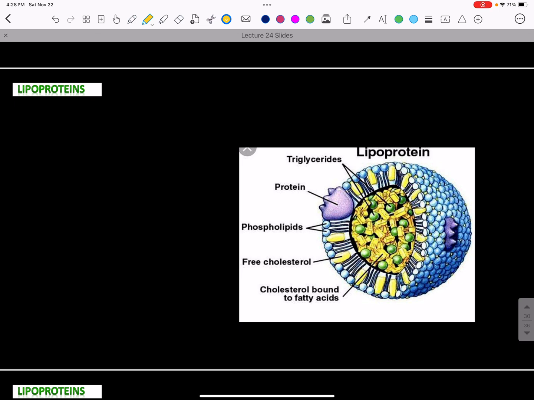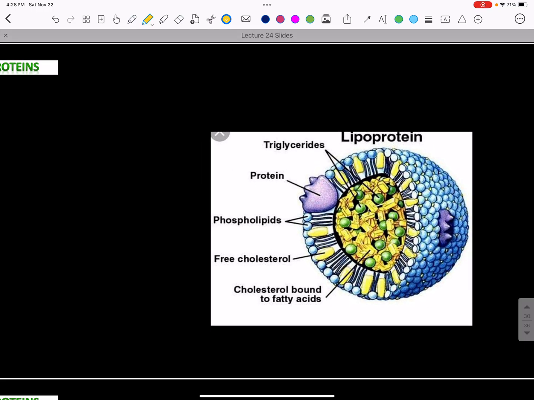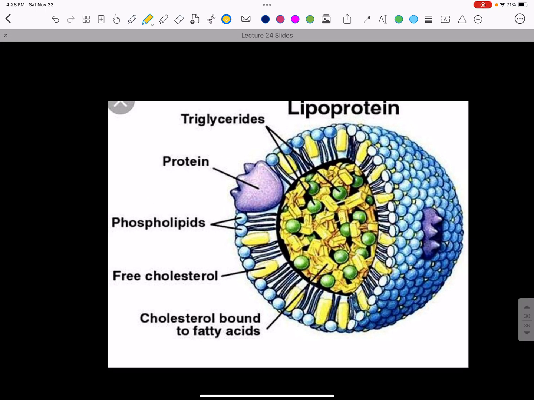The lipoproteins are slightly different because they're much bigger in structure than just the phospholipids or the glycolipids. They consist of a whole bunch of triglycerides that are packed within a singular phospholipid layer.